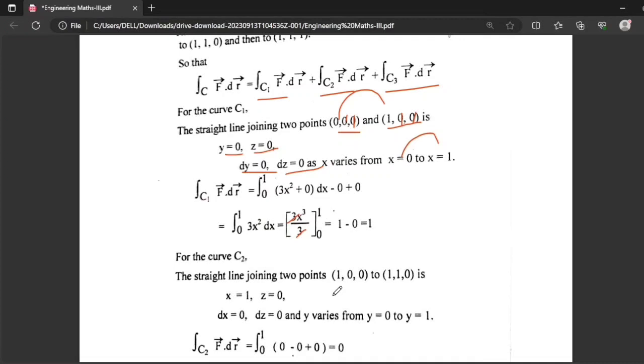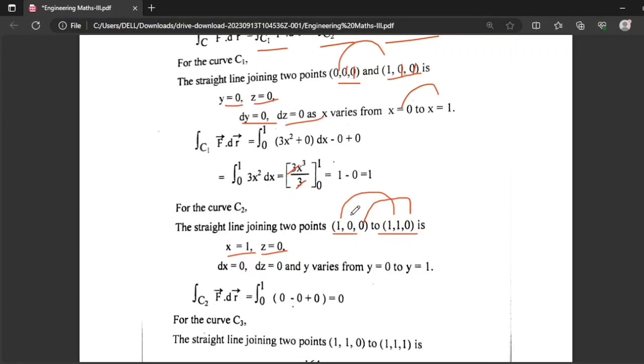For curve C2, the straight line joining these 2 points, x is constant because it varies from 1 to 1, so x is 1, and z is also constant because it doesn't change, so z is 0.